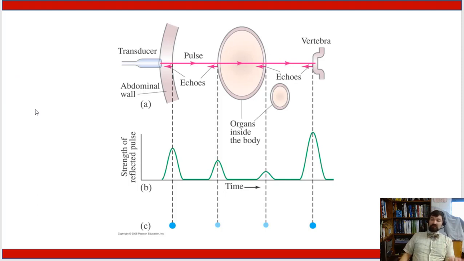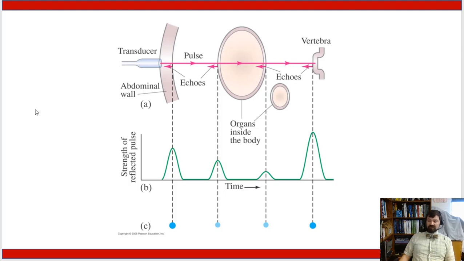Again, it's because the longer the wavelength, the worse the resolution, and therefore the shorter the wavelength, the better the resolution. So by using ultrasound, we get better resolution images.